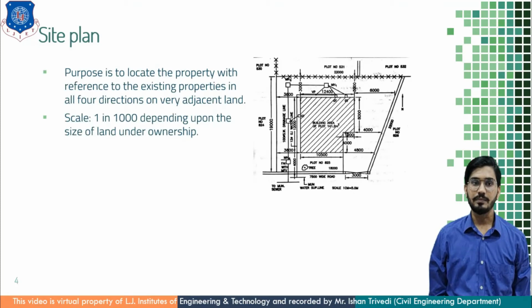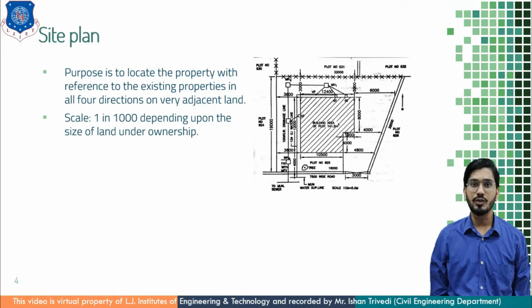Next is site plan. The purpose of the site plan is to locate the property with reference to the existing properties in all four directions and the adjacent road. The plan shows land boundary, margin, construction area, streets, buildings on adjacent roads, and services like water supply, drainage and power supply.